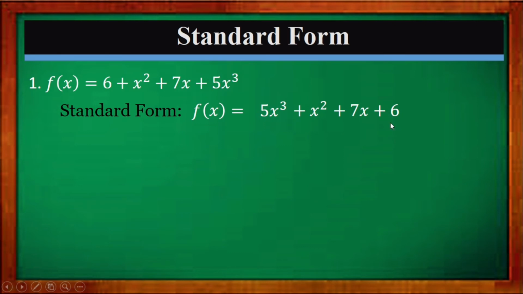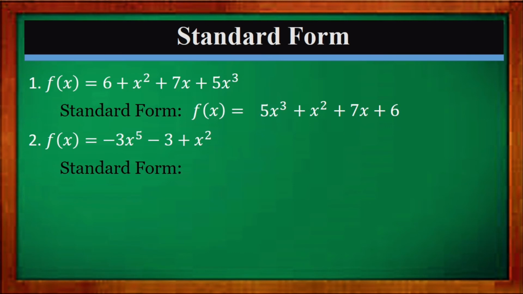Another one we have f of x equals negative 3x raised to 5 minus 3 plus x squared. So let us find its standard form. Again, f of x equals, mula sa may pinakamataas na exponent, 2, 0, and 5. So we have negative 3x raised to 5. Then next, we have our quadratic term, x squared.